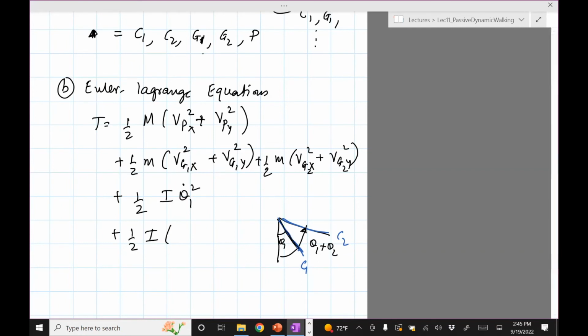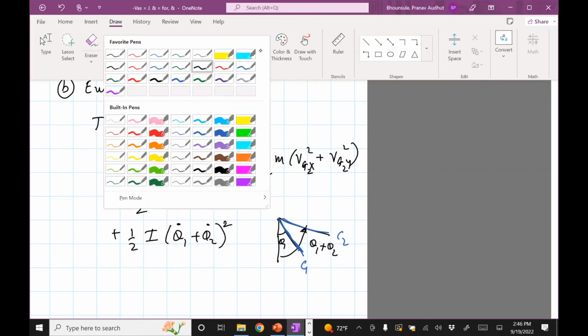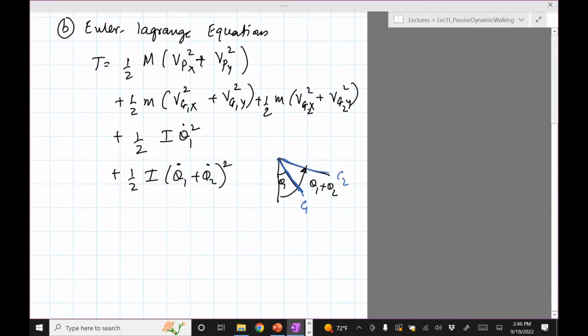For the other one, it will be θ1 dot plus θ2 dot, squared, because the angle made by C2 with the vertical is θ1 plus θ2. We need to take the rate of change of that and then square it. So that's the total kinetic energy.